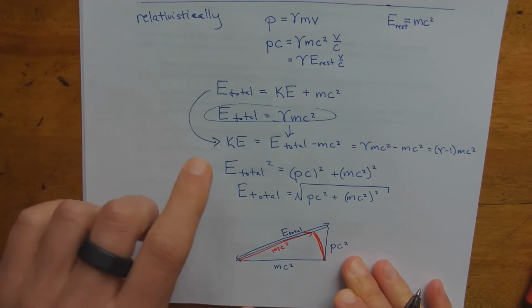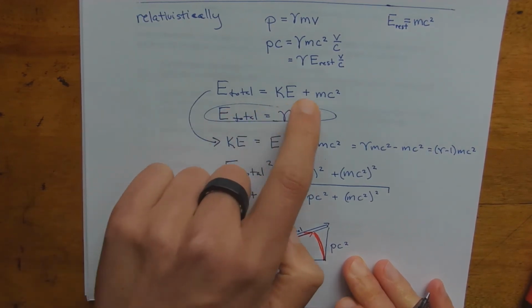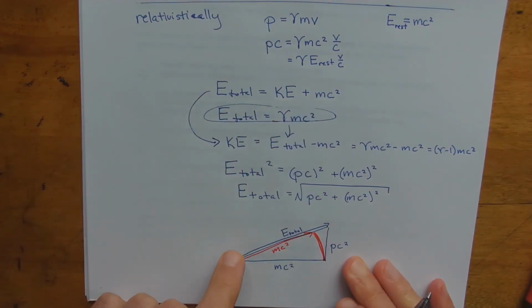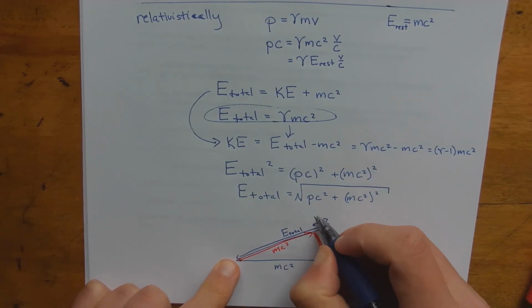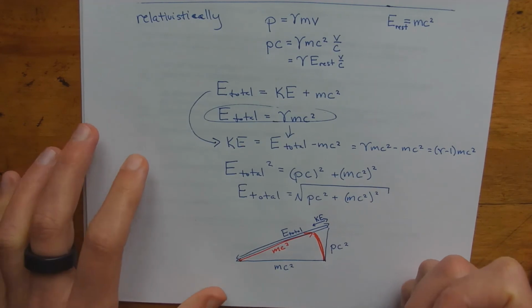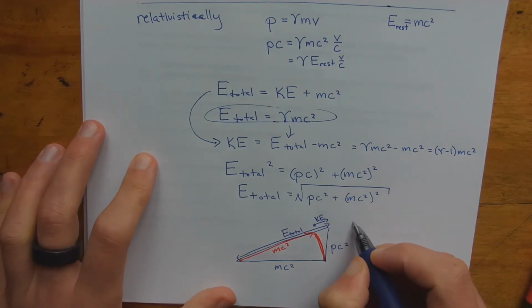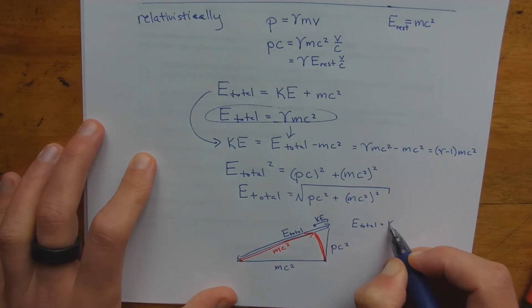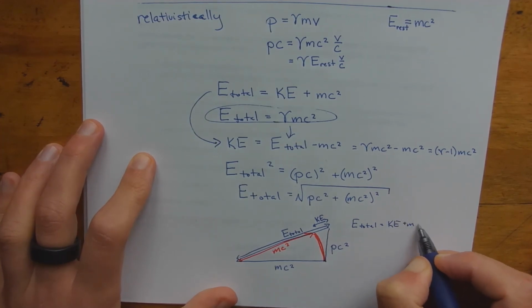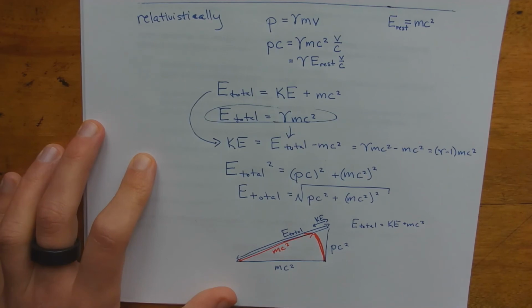And then from my equation here, E total is equal to KE plus mc squared. So if from here to here is mc squared, then this extra bit here must be the kinetic energy. So from looking at the hypotenuse, we have E total is equal to the kinetic energy plus mc squared.